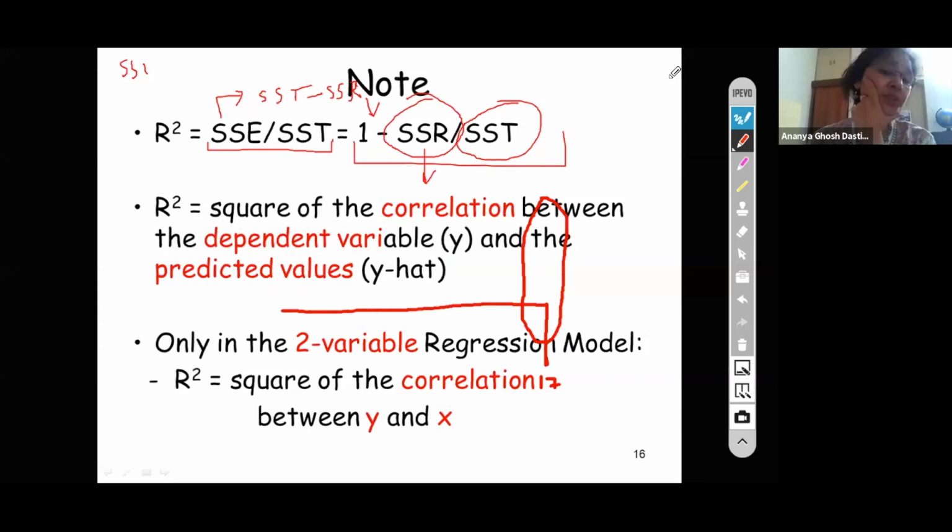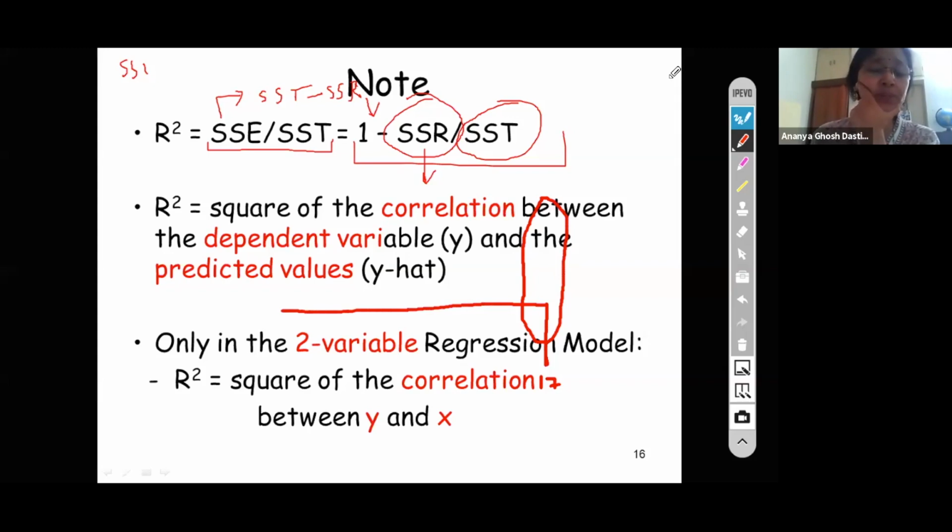Archita, do you want me to explain multiple R again? Multiple R is nothing but the correlation between Y and Y hat. You have a model, you have the data, you have Y. Now you just pick up Y hat, you look at the correlation between the two, and you get multiple R. Since R squared is the squared correlation between Y and Y hat, the square root of R squared should also give you the multiple R. How are errors computed?